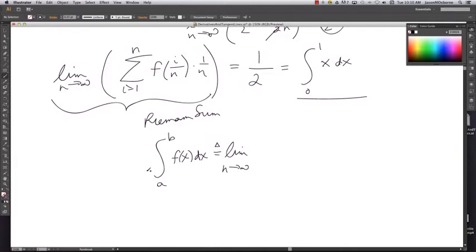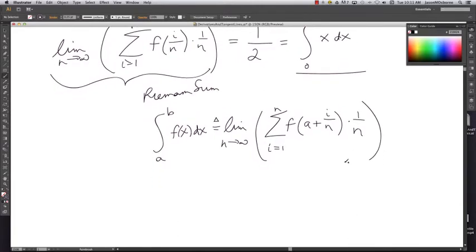If you wanted to know what the integral symbol meant, it would be the limit as n goes to infinity of, and you would have to compute your boxes, i equal to 1 to n. And one example would be to do the function f of a plus i over n. And then the width of each of the boxes is 1 over n.